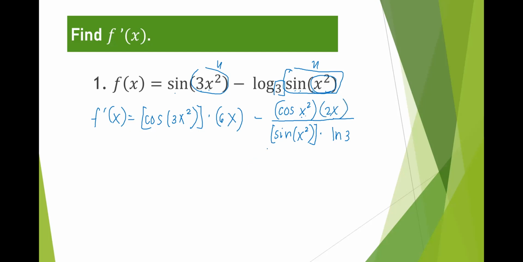So, can we simplify this further? We can, but this one will suffice. This is okay as the final answer. Although, some of you might be simplifying this portion. You can make it cotangent of x squared, if you're familiar with cotangent. You can rewrite that as 6x times cosine of 3x squared minus 2x cotangent x squared.